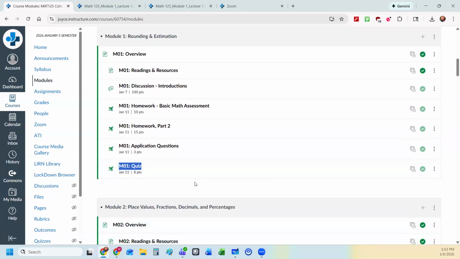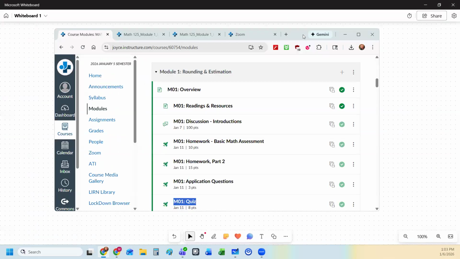So let's dive into the material for this week. The first thing that we talk about in section 1.2 is estimation.